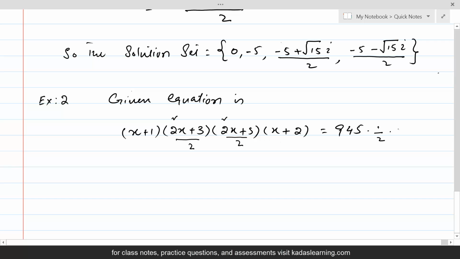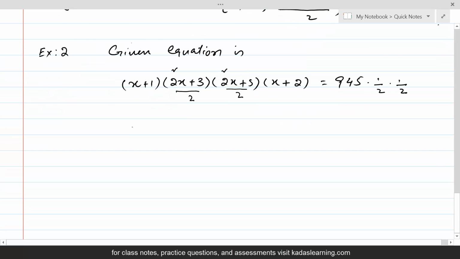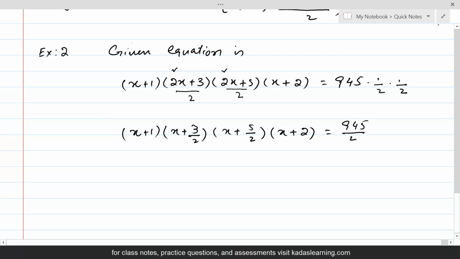So this gives us x plus 1 times x plus 3 over 2 into x plus 5 over 2 into x plus 2 equal to 945 divided by 4.